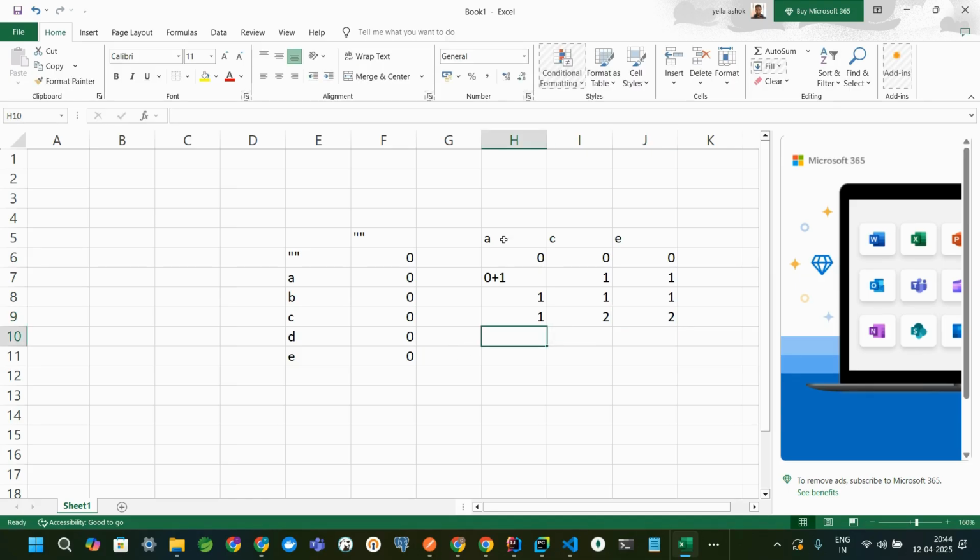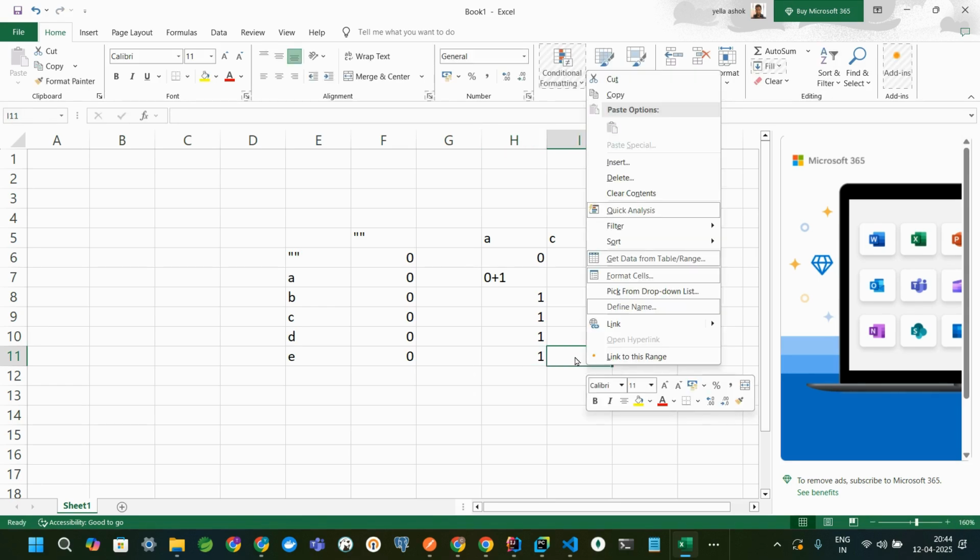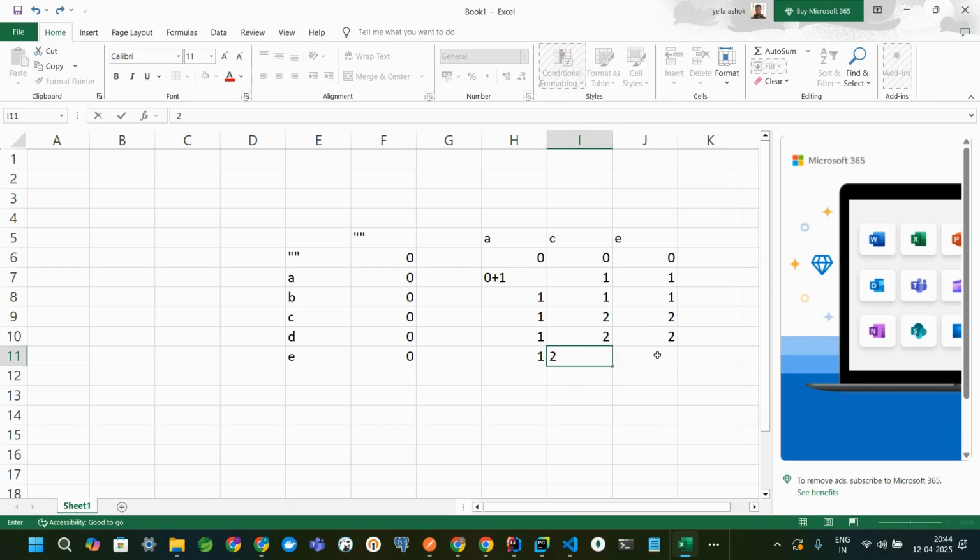Similarly, d with a is not matching and I take 1, and d with c not matching, I take 2, and d with e not matching, I take the maximum of 2. And e with a is not matching, I take 1, then e with c not matching, but here the diagonal is 2, so I take 2. At the last, e is matching e, so as I said, when it's matching, you should take this opposite diagonal, and 2 plus 1, that is 3.